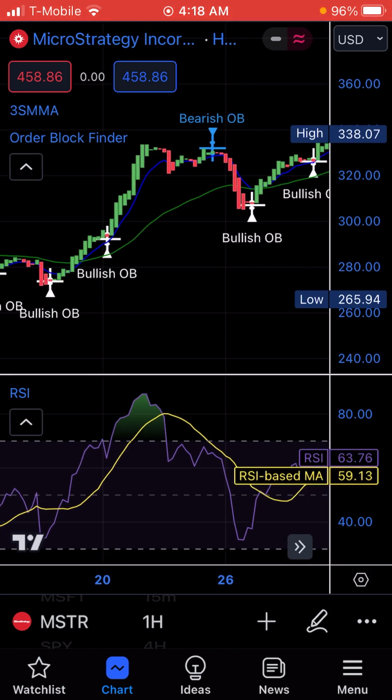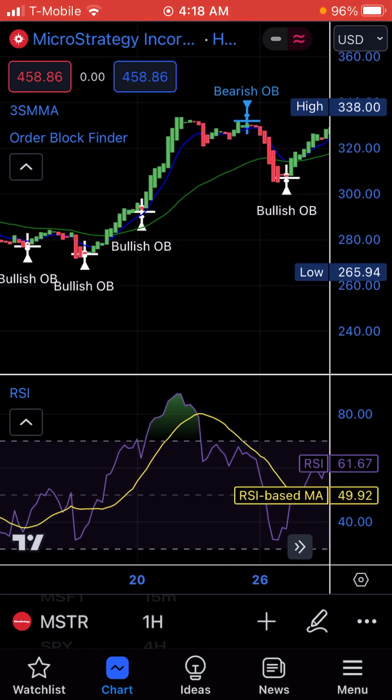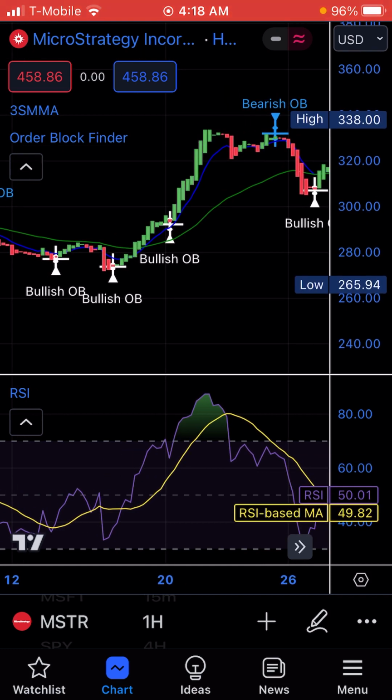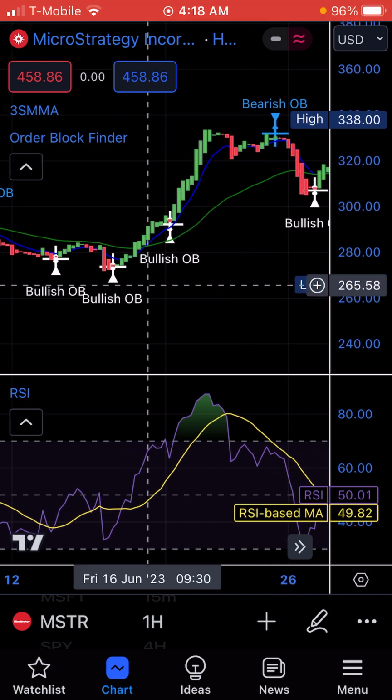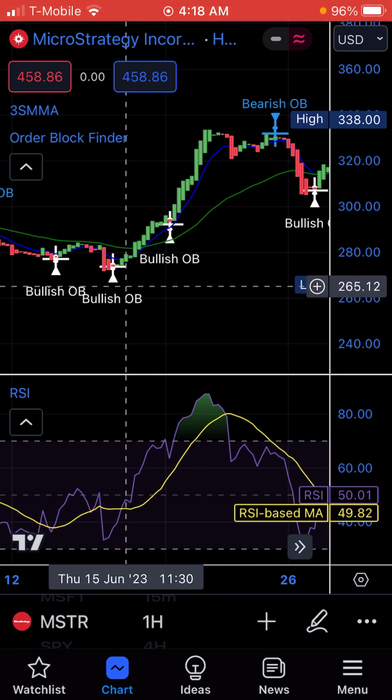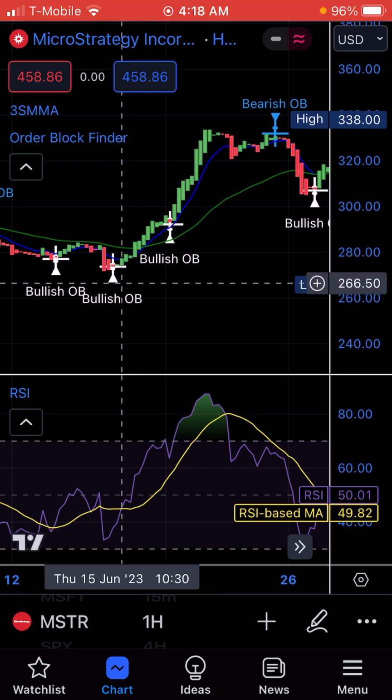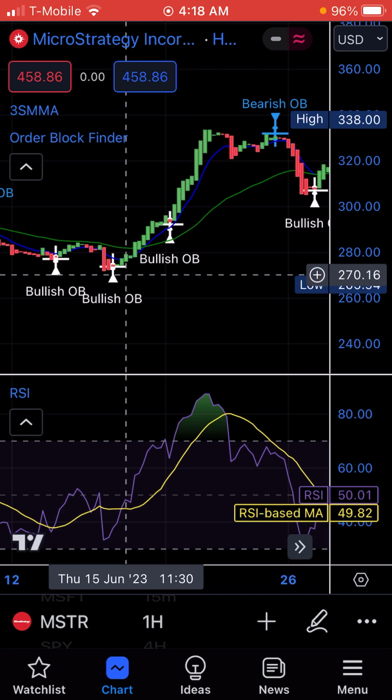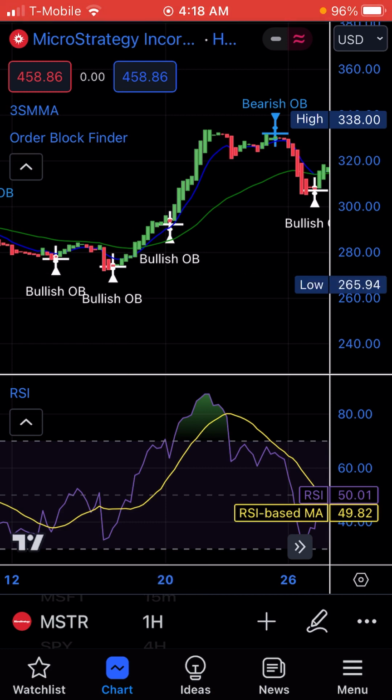What this will do is help you find the bullish moments and the bearish moments, and it's pretty accurate on the signal. So you can see that it crosses right here with the RSI, and you also see that it's giving you a bullish signal as well. So that is a double confirmation.